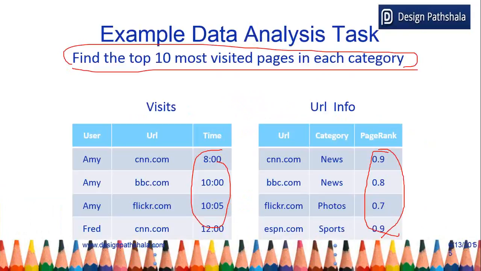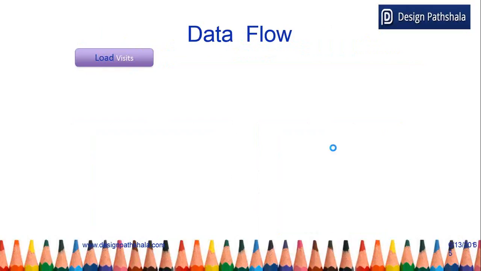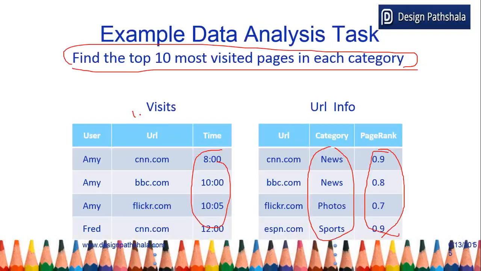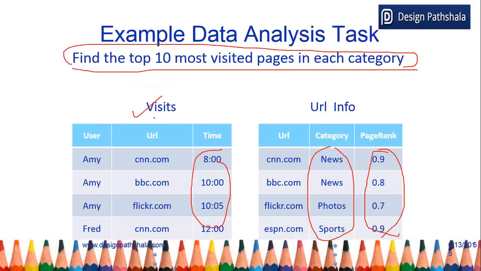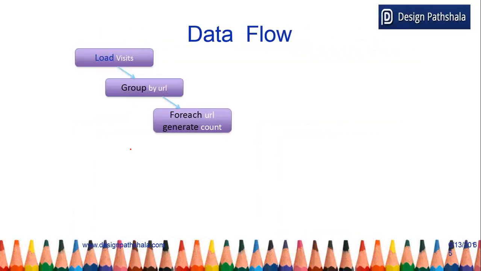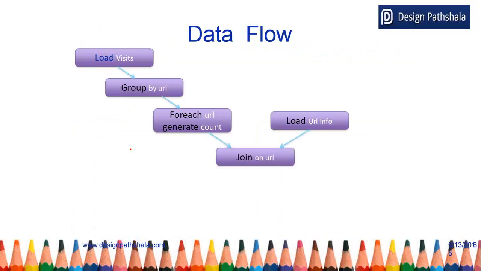So to find the top 10 most visited pages in each of the distinct categories, what we have to do is load the visits file, that is this file. Then we group this file by URL, and for each URL we generate a count.